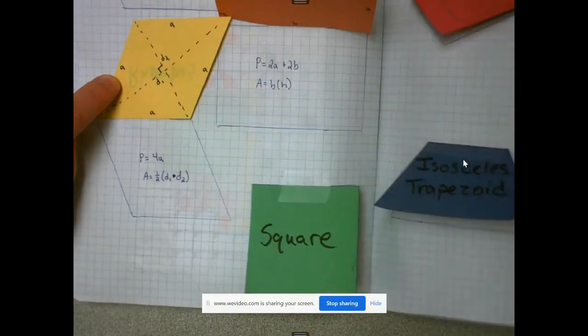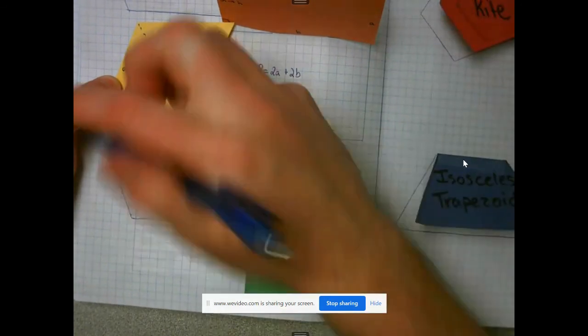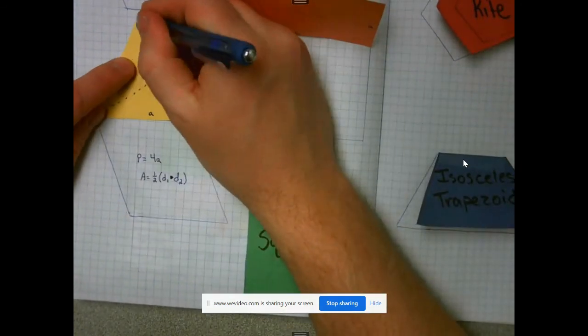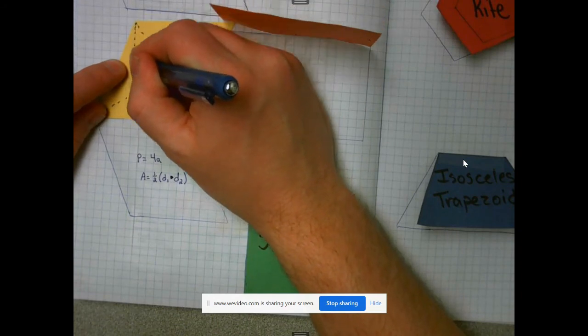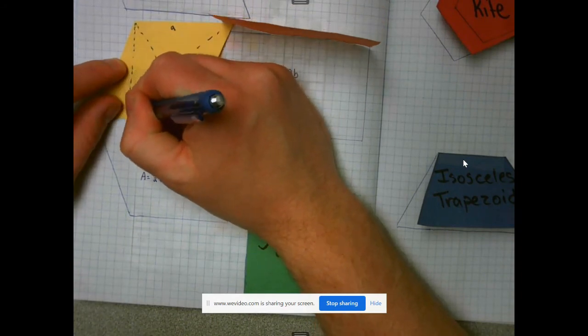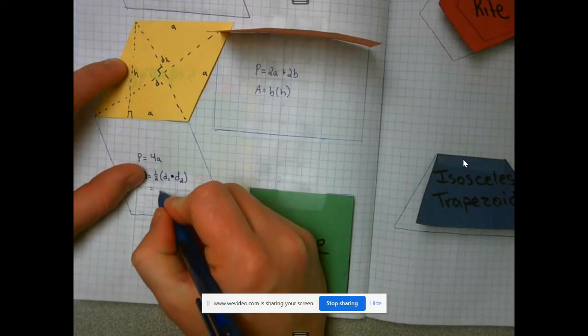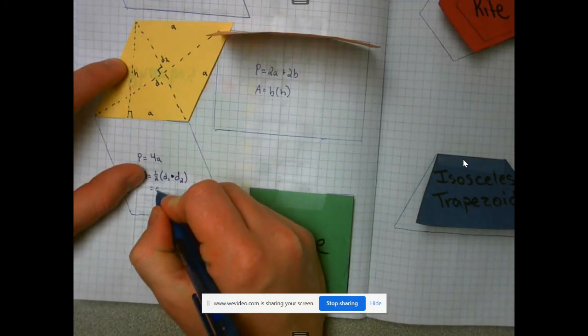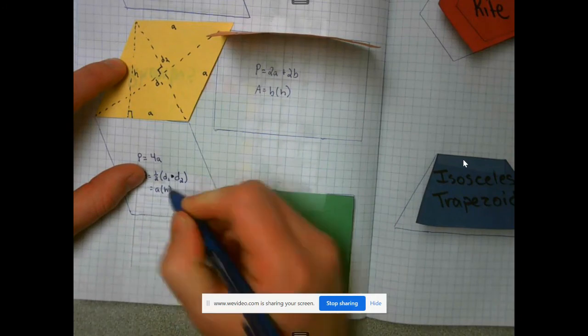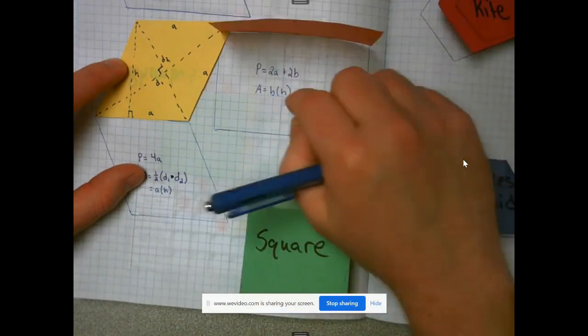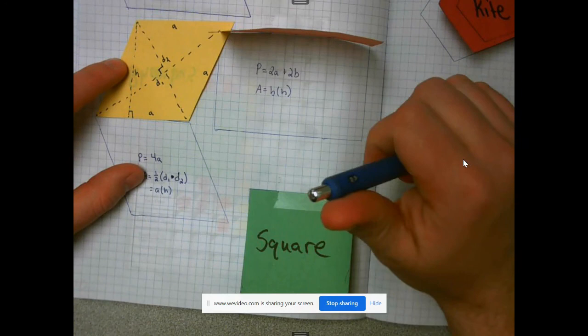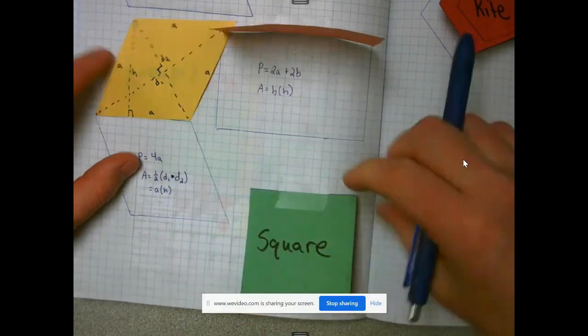With a rhombus, maybe they give you the height also. Sometimes they'll give you the height here. And then your area is your base times your H, which is kind of the same for the other parallelograms. Okay, it just depends on what they give you.